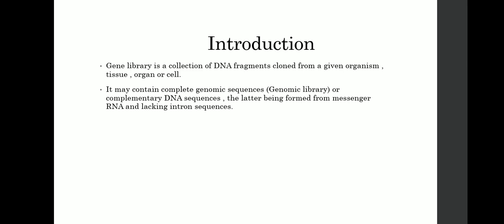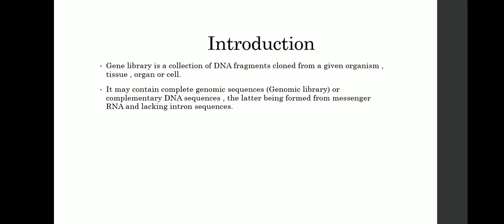If a gene library contains the total genomic sequence of one organism or one tissue or one organ or one cell type, in that case we call that gene library a genomic library.